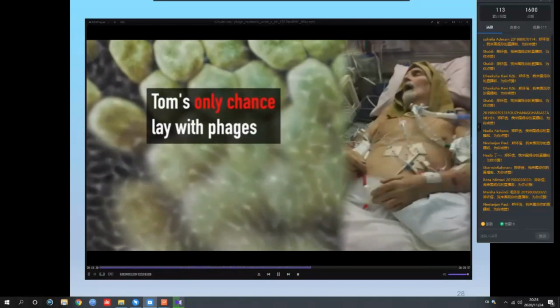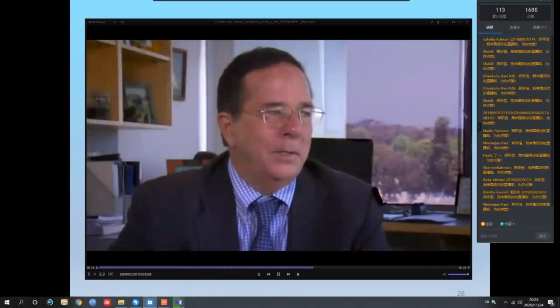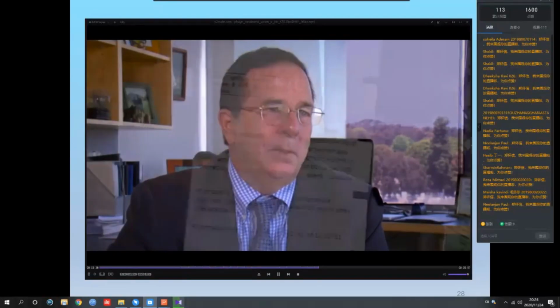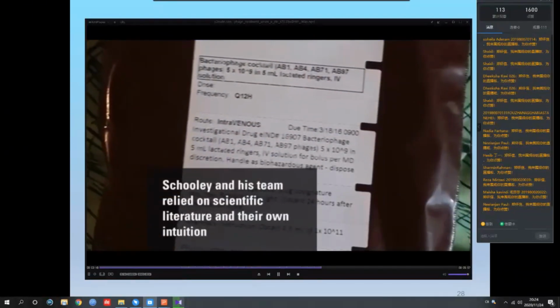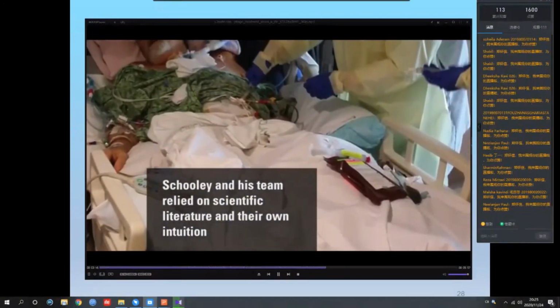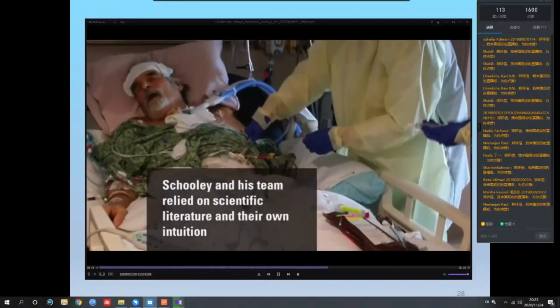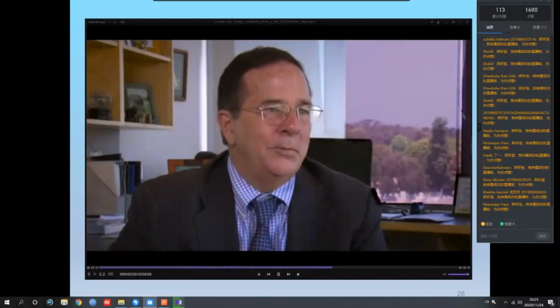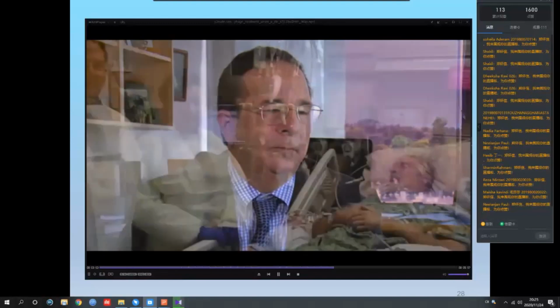There had not been a lot of experience with treating people with bacteriophage, and almost none giving it intravenously in the U.S. So we relied on some of the literature from Soviet Union, but a lot of it was really being worked out kind of on a first patient basis as we went, using a combination of the previous literature, our own intuition about how these phage would circulate, and advice from people who'd been thinking about it for a long time.